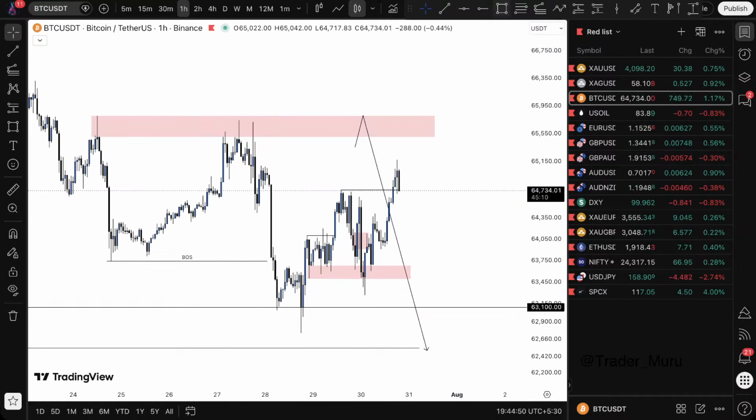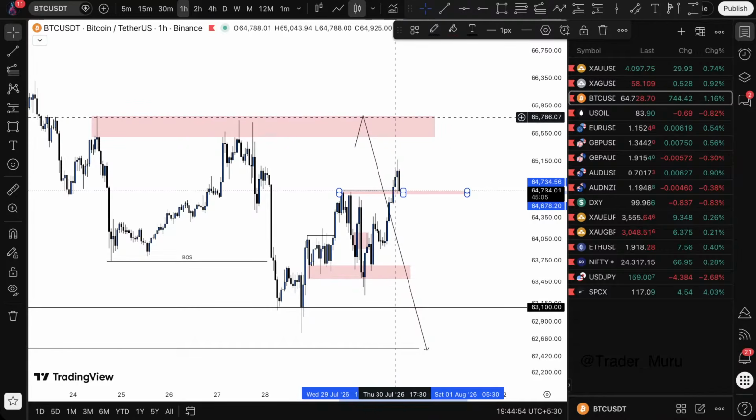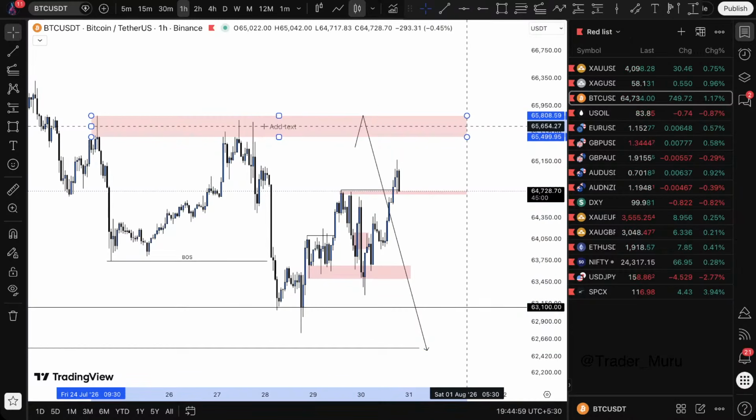BTC is retesting support. It can go and sweep this red zone as per our expectation. We are still waiting for this red zone.